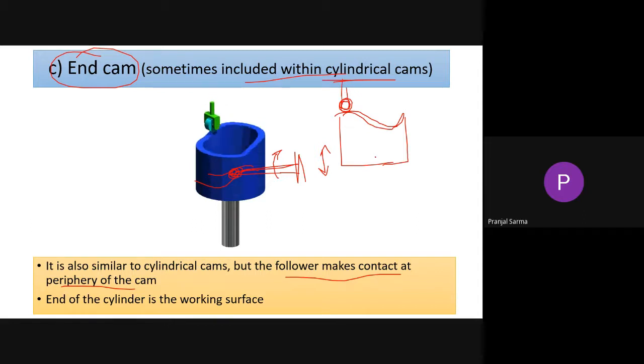If this is rotating, different portions of the contour will come in contact. Sometimes this portion will come here, and at this particular time it will fall. This way, this end cam is operating.